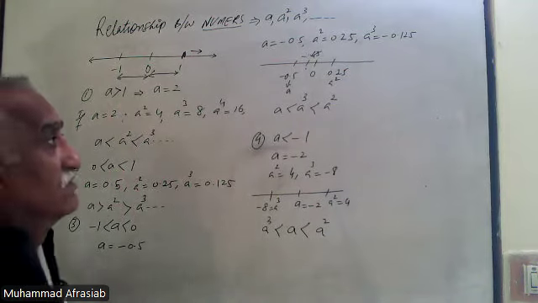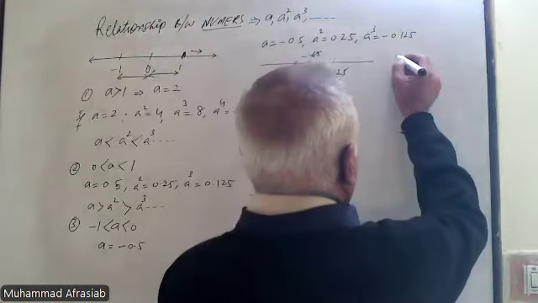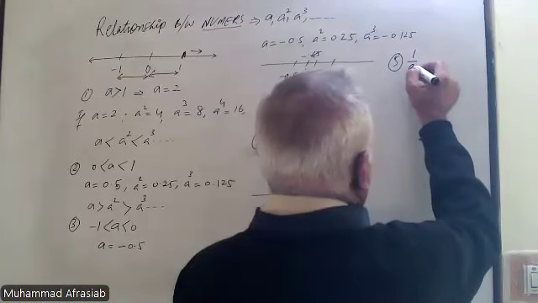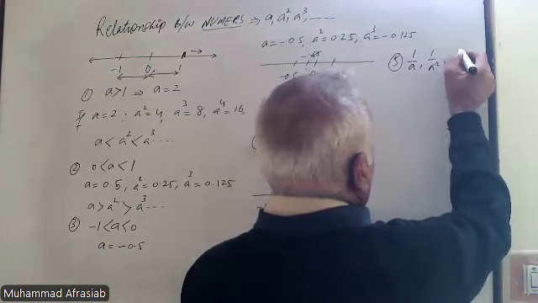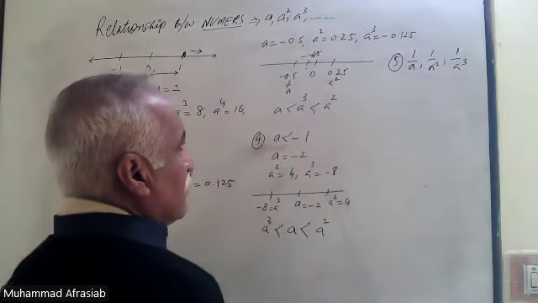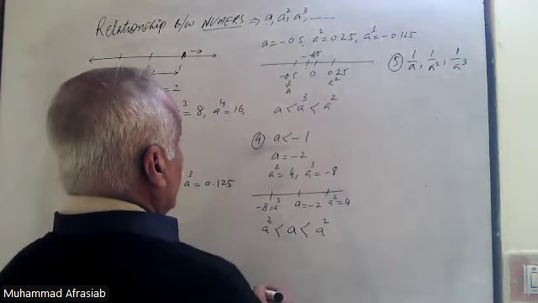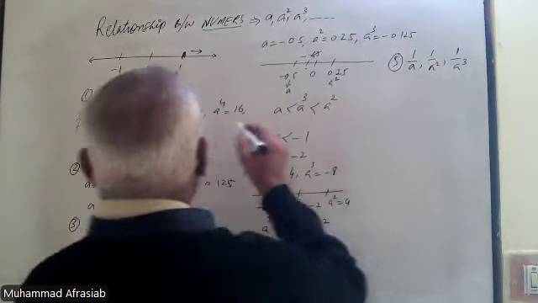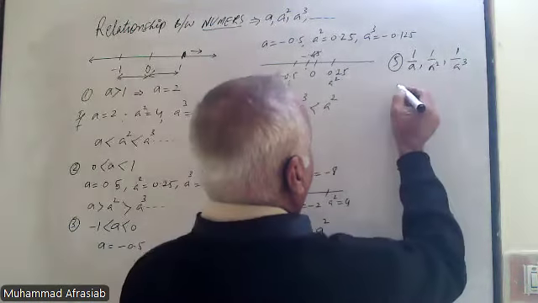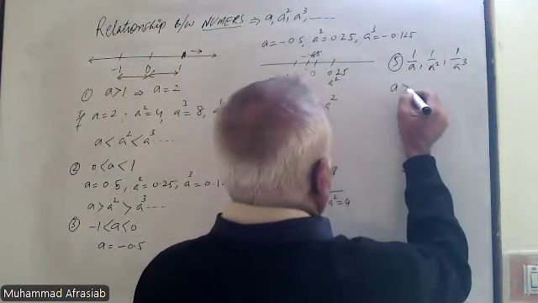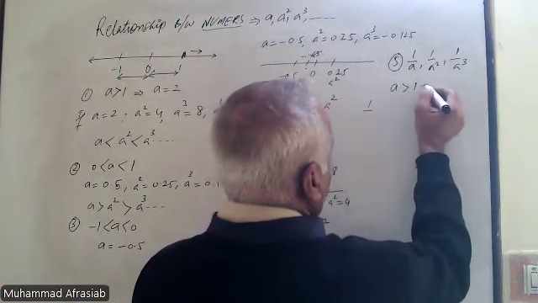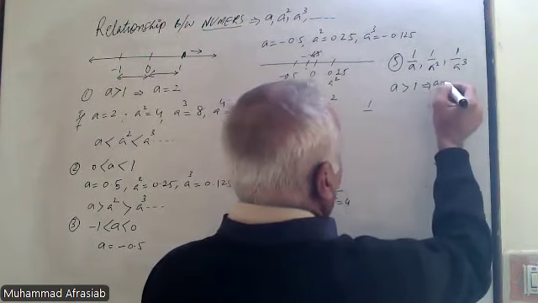Now for the reciprocals, the fifth one: let's say 1 over a, 1 over a square and 1 over a cube, and the relationship between these. For the first case, when a is greater than 1, we have supposed a is equal to 2.